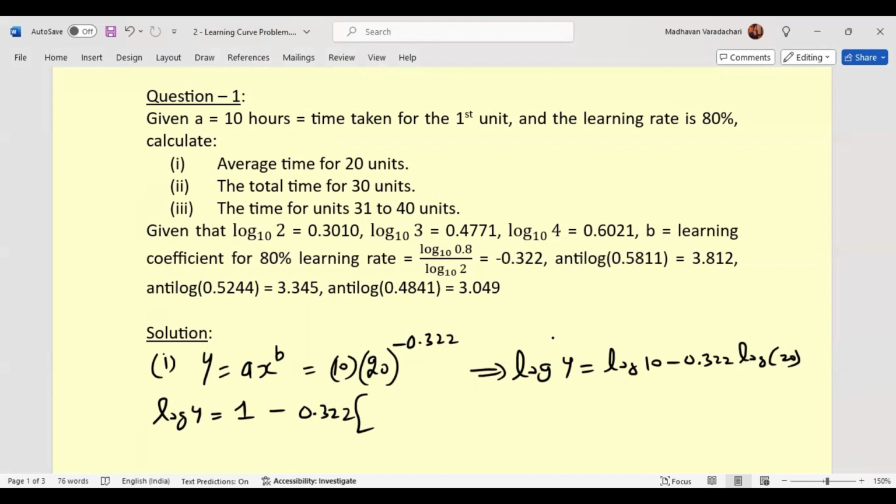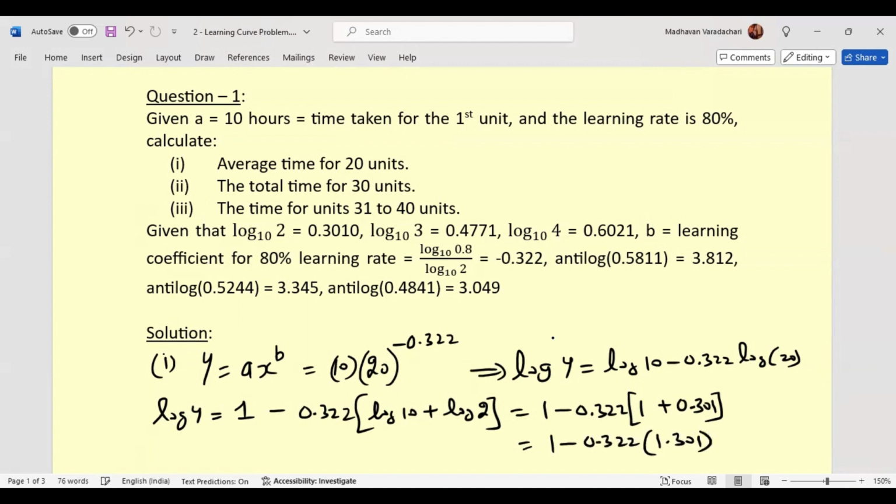That means logarithm of 10 into 2 can be written as log 10 plus log 2. And that is 1 minus 0.322 times log 10 is 1, log 2 is given in the question as 0.301. So this is nothing but 1 minus 0.322 times 1.301.